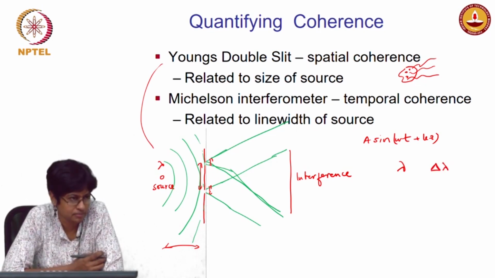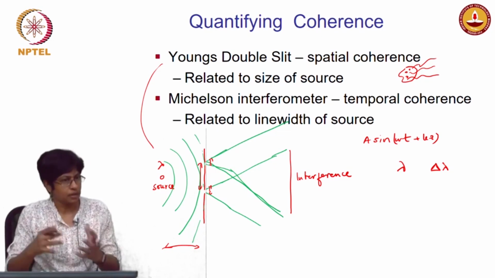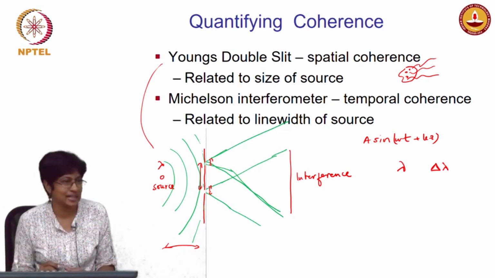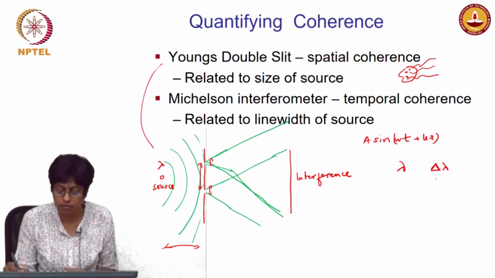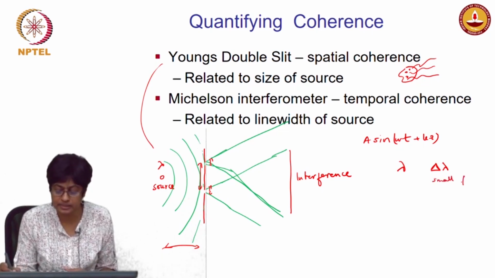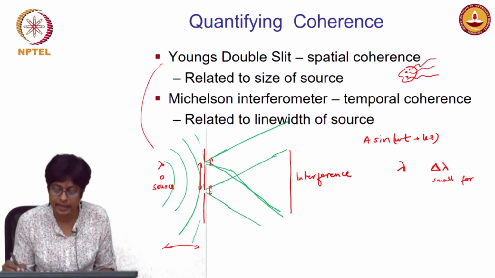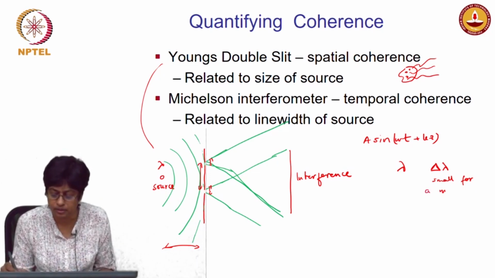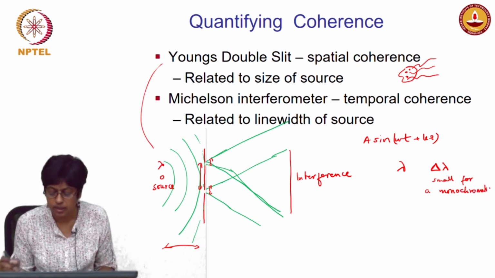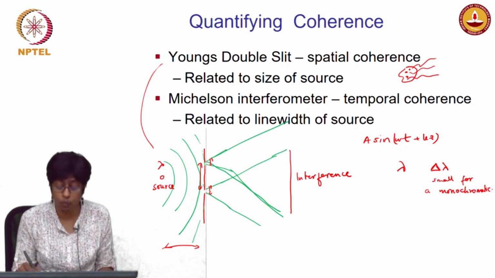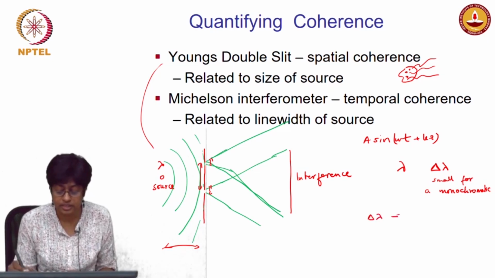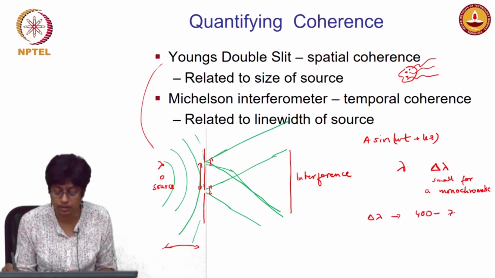delta lambda. Now, the fact that I call it a monochromatic source means that delta lambda is small. And we'll put some numbers to that as we go along. Okay? So, delta lambda is small for a monochromatic source. In fact, delta lambda for a white light source can stretch from 400 to 700 nanometers.